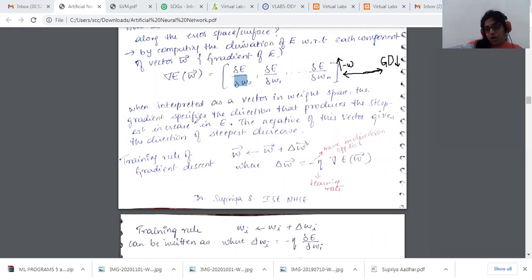This error that I'm talking, right? Increase in E, it should go low. The way it is interpreted is like as I told you, high, low. So you have to get a curve like this. So my intention is I have to get a lower curve. That's it. But to get that, the negation of this vector, whatever I consider, gives the direction of the steepest decrease. The negation of this.